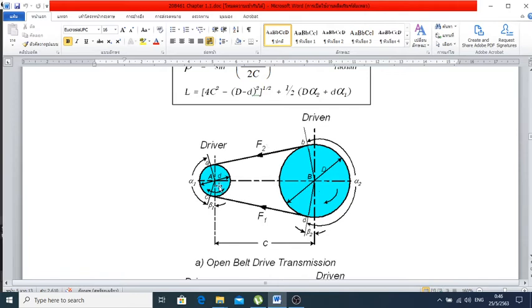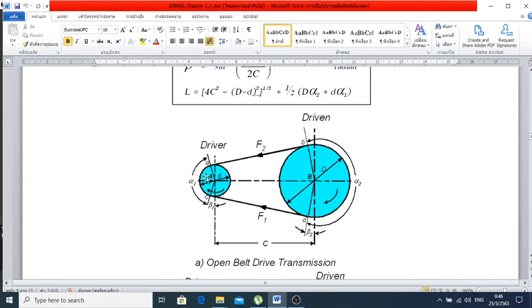Because when we stand still, F1 and F2 are equal to each other. And then when we start the engine, the driver is pulling the belt, so F1 is going to be greater than F2. So F1 is greater than F2 during the motion.